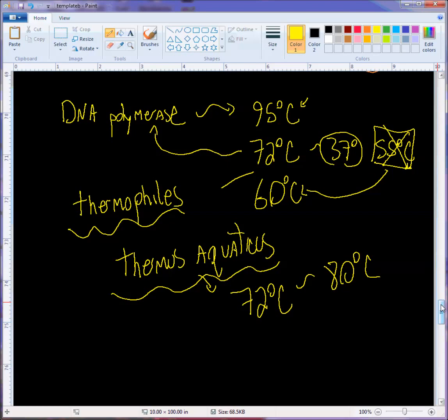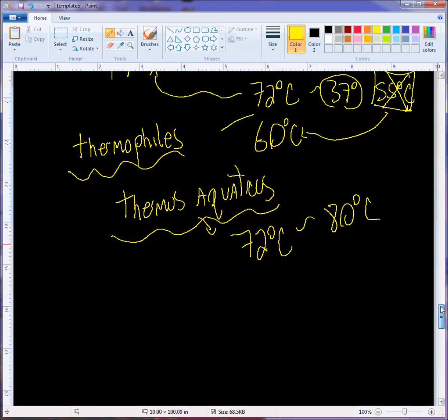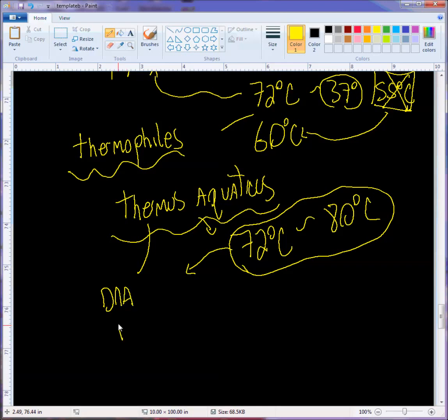You can probably imagine that an organism that has evolved to live near these hydrothermal vents in hot springs has all of its proteins adapted to function at these high temperatures. And the DNA polymerase, or one of the DNA polymerases from this organism, we're going to call this Taq DNA polymerase, for Thermus aquaticus DNA polymerase.